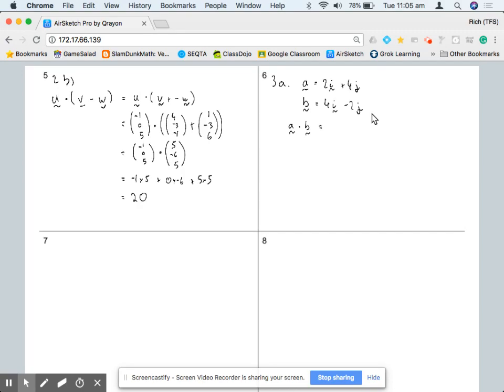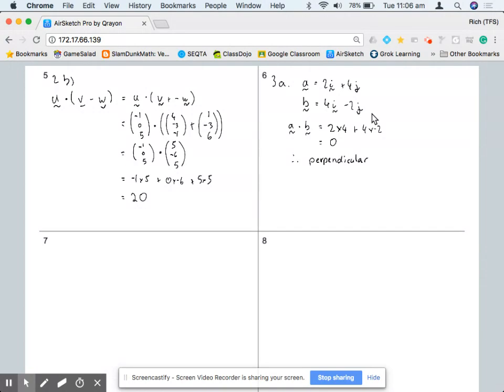The coefficients of i are 2 and 4, so it's 2 times 4. And the coefficients of j are 4 times negative 2. We can see that 2 fours are 8, 4 times negative 2 is negative 8, and so the result is 0, and therefore we can conclude perpendicular.